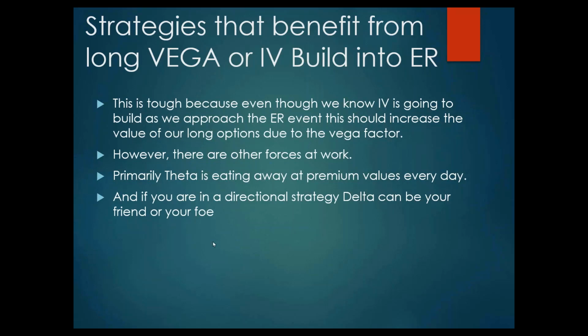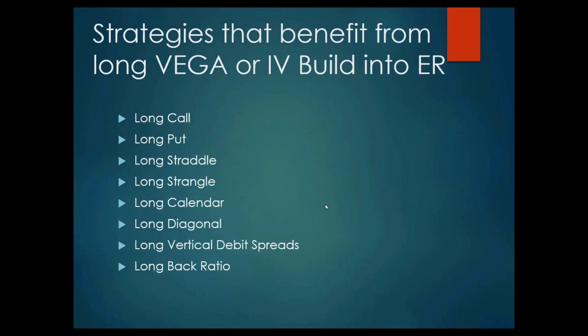So, moving on. What are some strategies that can benefit from long vega or IV build? Well, again, remember the caveat. Here's a list of some strategies, not all, but most of the most common ones that do benefit from long vega or implied volatility build as we approach an earnings release.